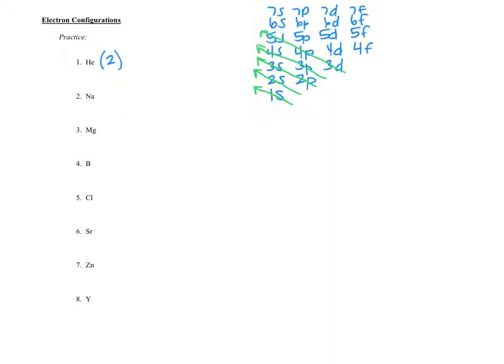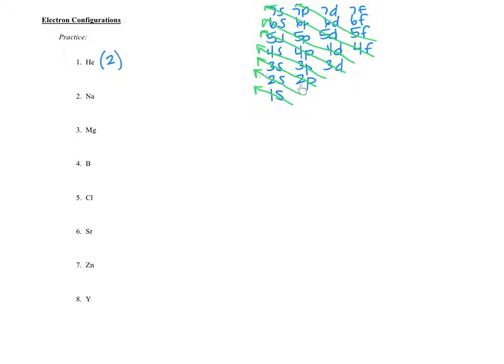And what this does is if you follow the arrows, it gives you the fill order or the best seat in the house. So you always start with ground state, you always start with the bottom, the best seat, which is 1s. Once that is full, you start to follow the arrows, like follow the yellow brick road. So after 1s, the next best seat is 2s.